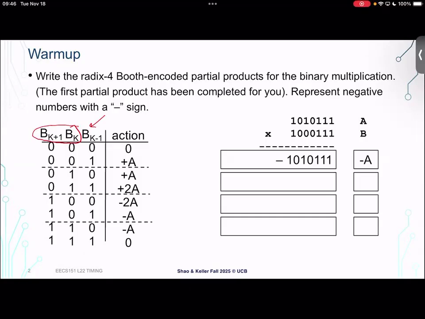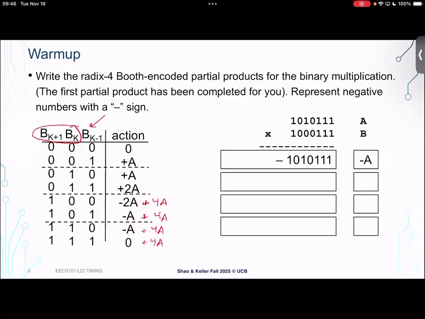Right, so in particular, these last 4 rows are minus 2a, but then it's really plus 4a. So that adds another bit to the next column of generation that we look at. This is really minus a plus 4a. And same with these last two.